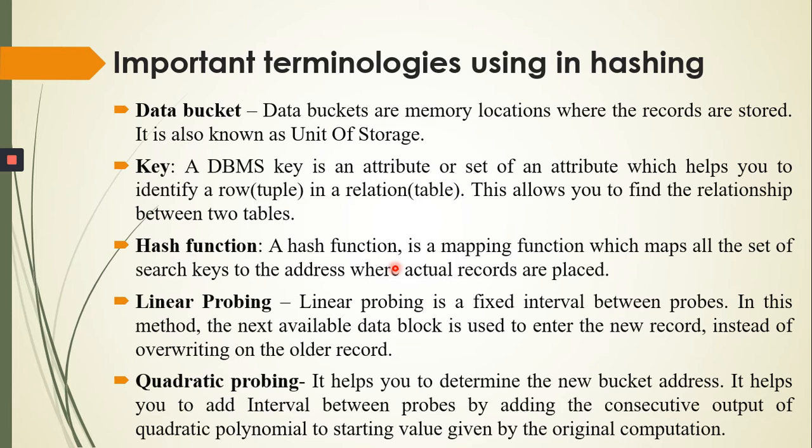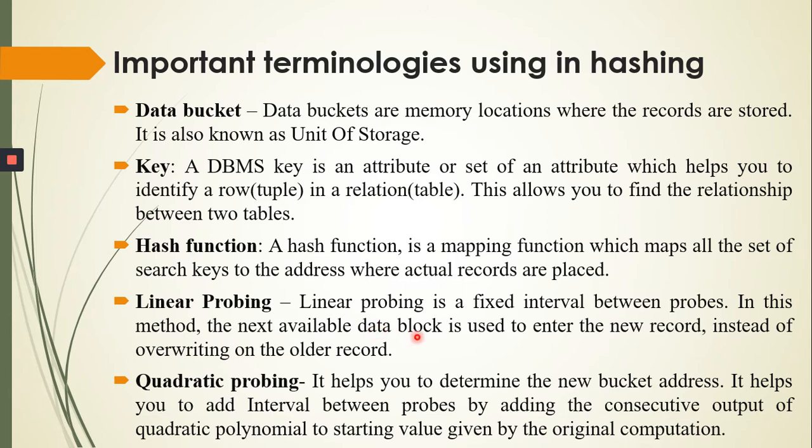Next is linear probing. Linear probing is a fixed interval between probes. In this method, the next available data block is used to enter the new record instead of overwriting the older record. Suppose we get the data address 3, and at address 3, 98 is already stored, and when we use 103 we again get the address 3.